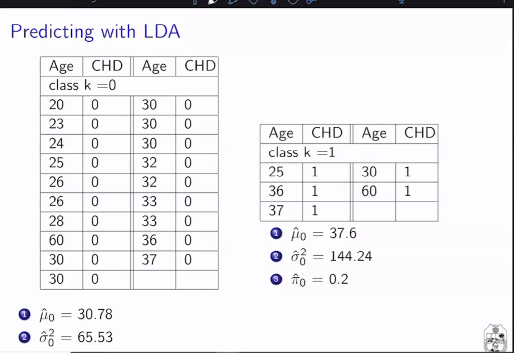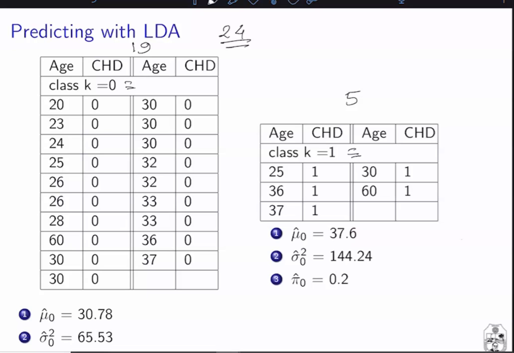Now this is the data set that we have got in our CHD data set, in which age is one variable, and from the age we are classifying whether a particular observation belongs to coronary heart disease or not. So we have 24 observations, and out of those 24, 19 observations belong to class k equal to 0, and 5 observations belong to class k equal to 1.